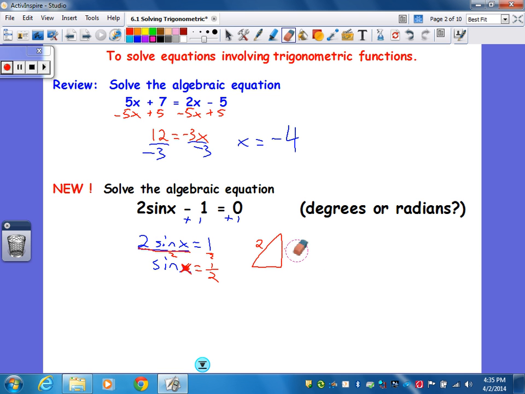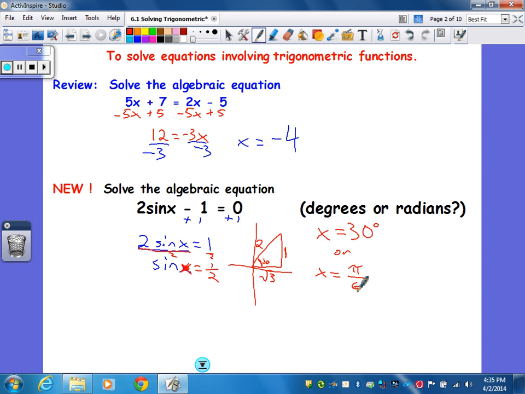So that's going to be a 2 there, 1, and square root of 3. Thinking about the unit circle, we're trying to figure out what this angle is. Knowing I have a 1, 2, square root of 3, this has to be a 30-degree angle. So x is equal to 30 degrees, or in radians, x is equal to pi over 6.